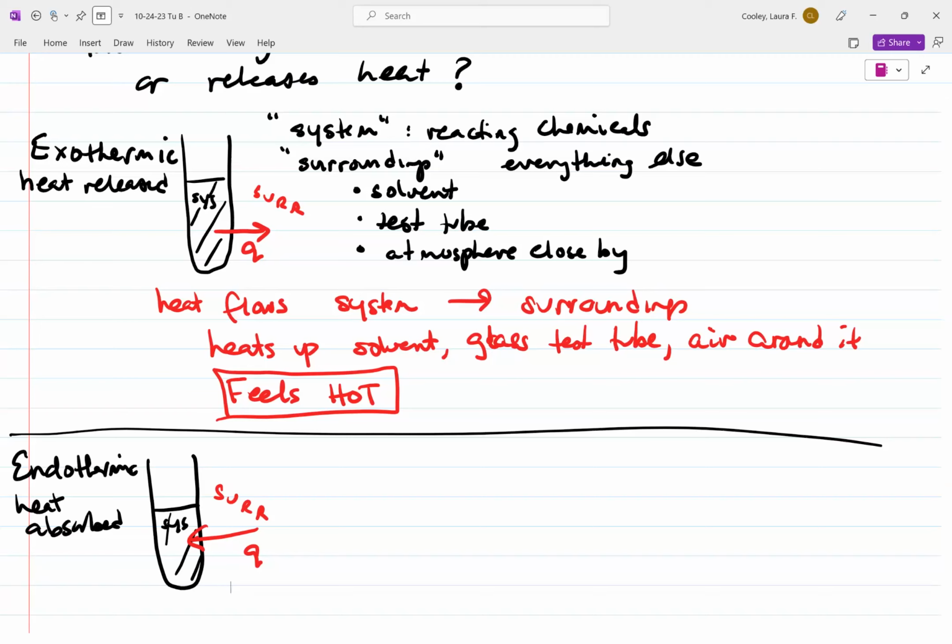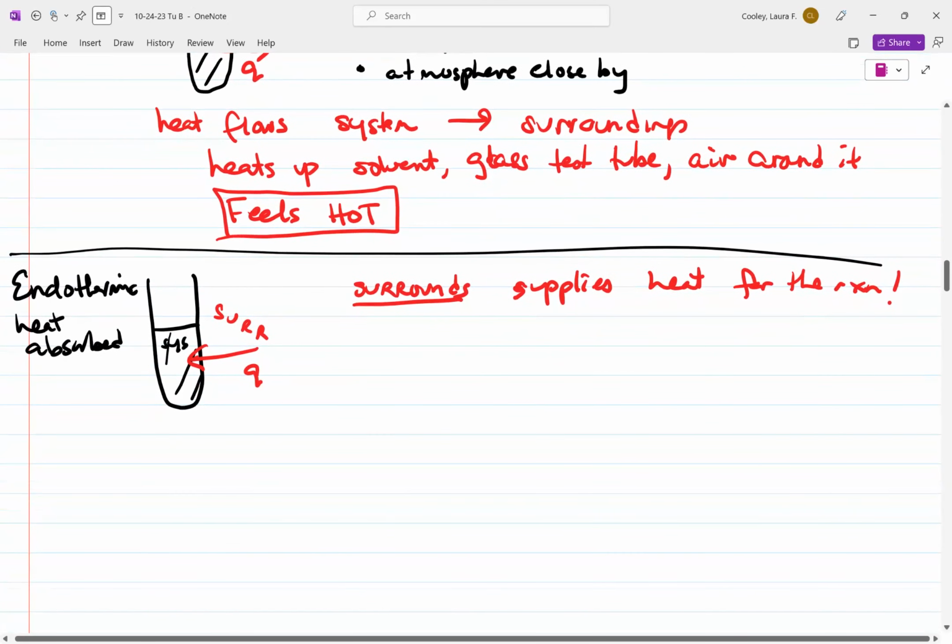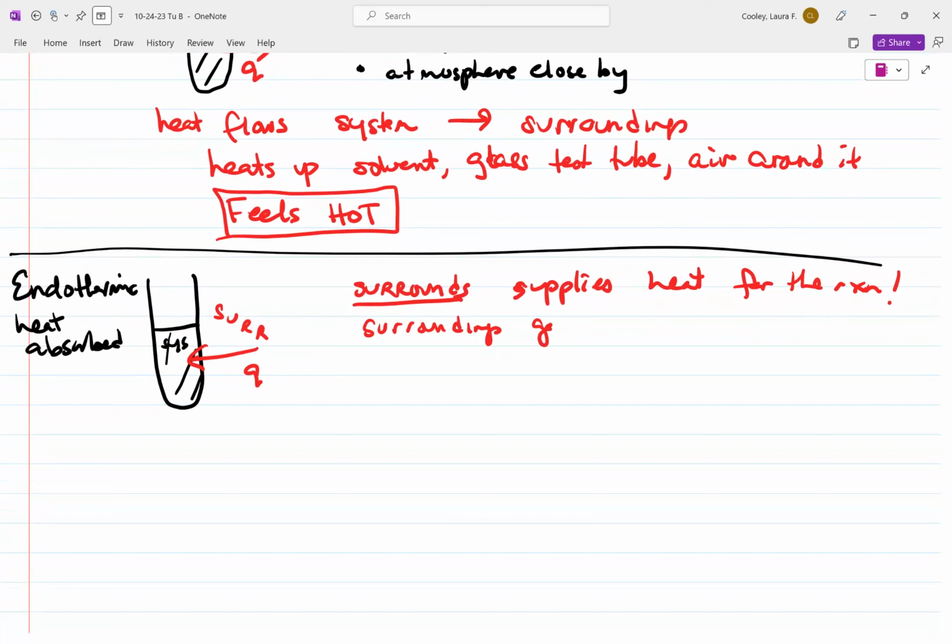Okay, so here we have that the surroundings supply the heat for the reaction. Okay, so that means that the surroundings will cool as the heat flows into the system.